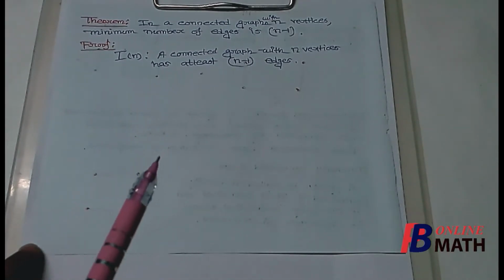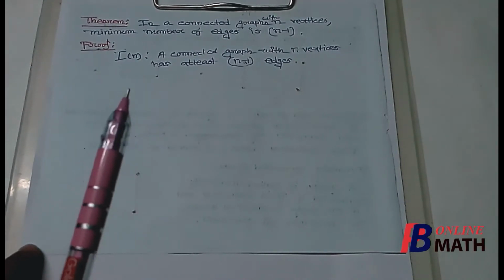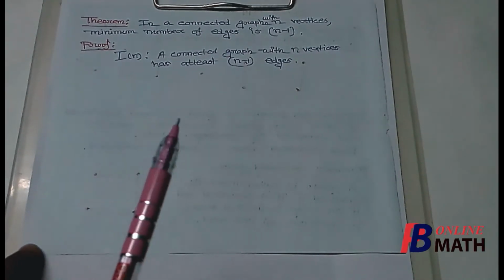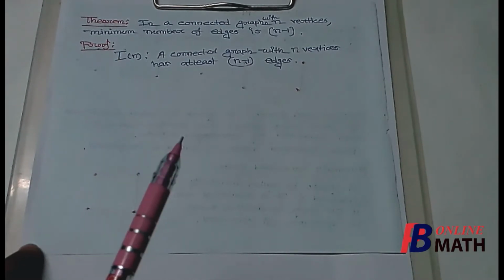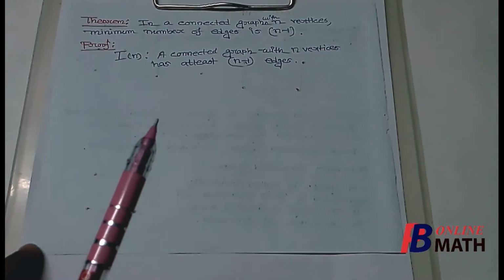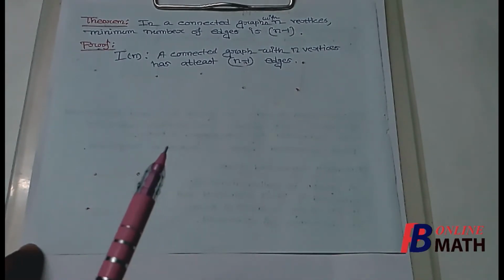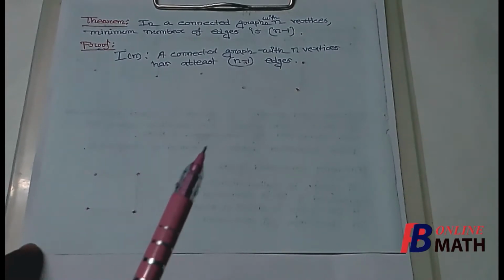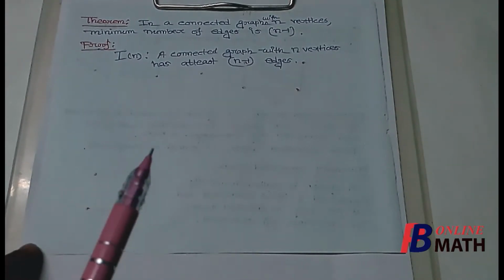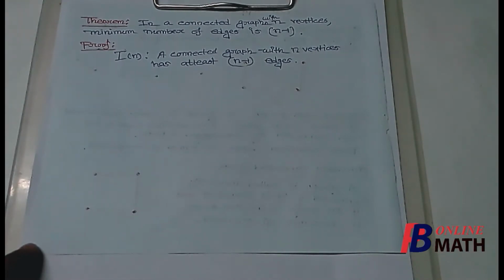In mathematical induction, we know that first of all we need to prove that this statement is true for some initial natural number, and after that we shall assume that it is true for some positive integer n equal to m, and using this we shall prove that it is true for n equal to m plus 1. Then we can conclude that the statement is true for any natural number.